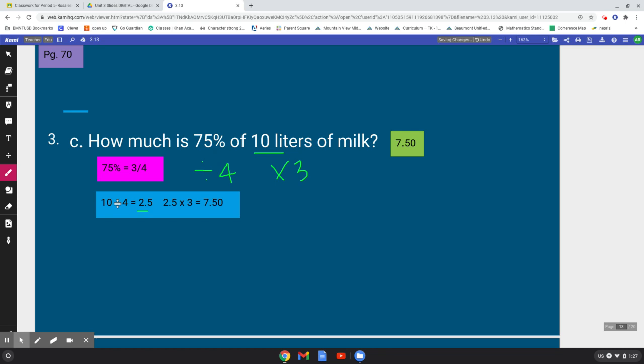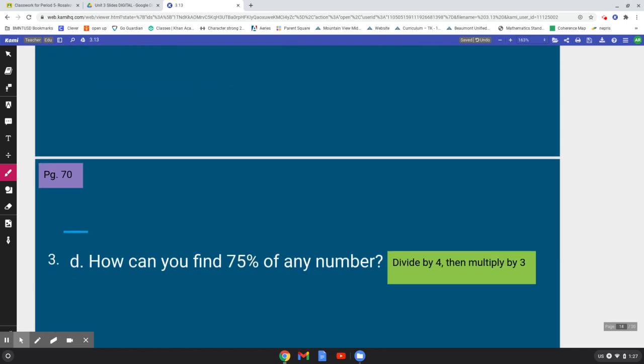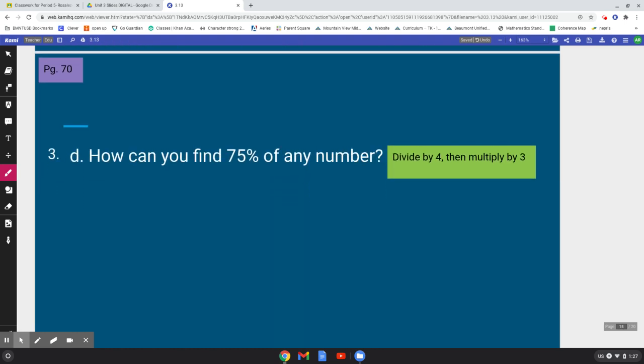So 10 divided by 4 is 2.5, and 2.5 times 3 is 7.50. All right, now D. How can you find 75% of any number? You're just going to write what I've said multiple times: divide by 4, then multiply by 3.